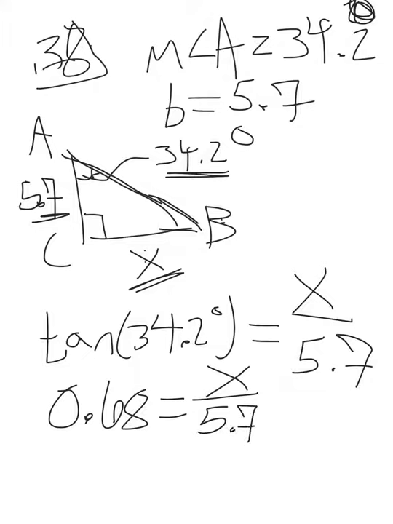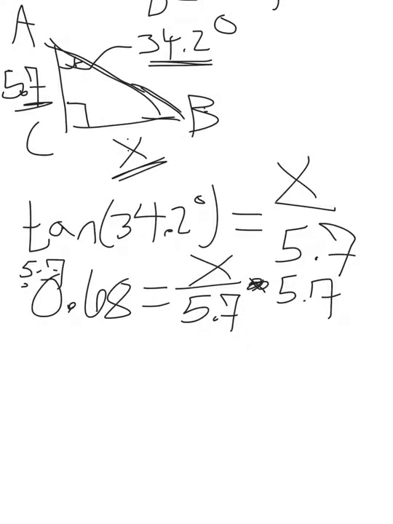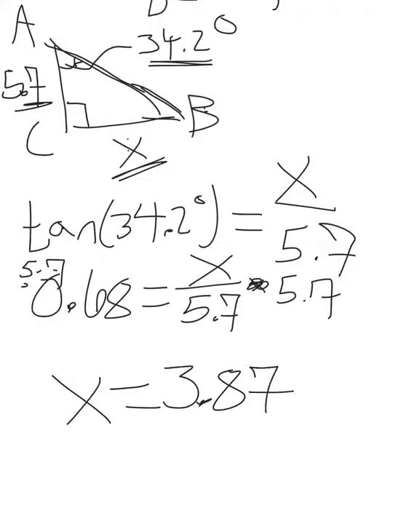So the opposite of division is multiplication. So I'll multiply each side by 5.7. So I'm just going to do 5.7 times 0.68. And that'll get me a final answer down here of x equaling, let's just call that 3.87. So that's our missing side length from our triangle up here.